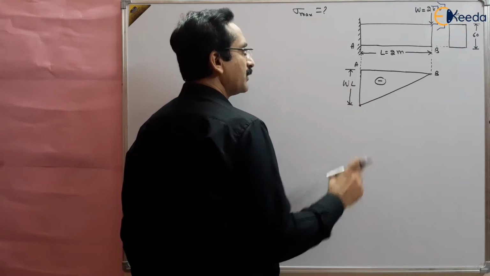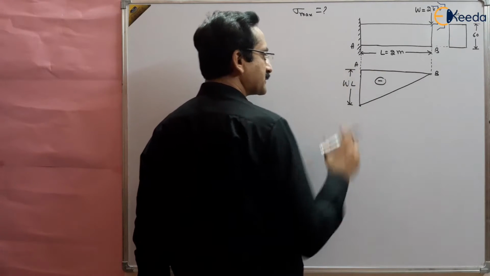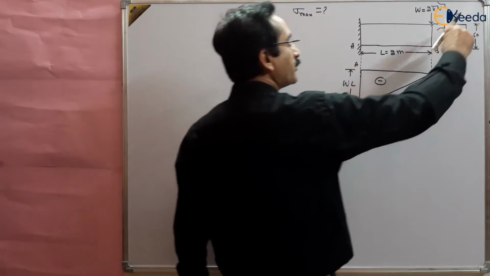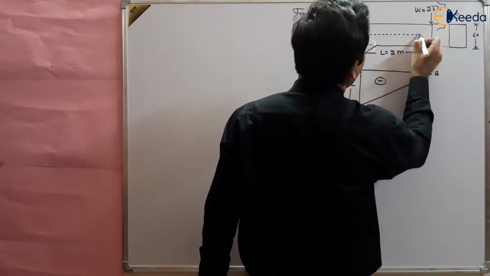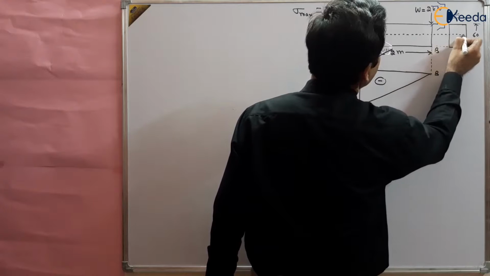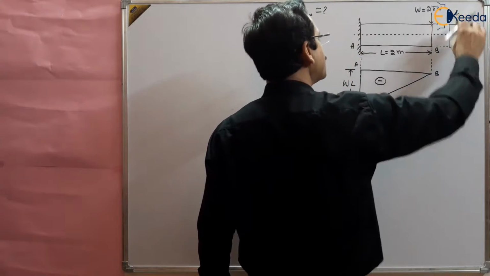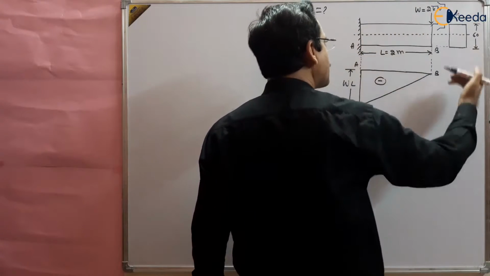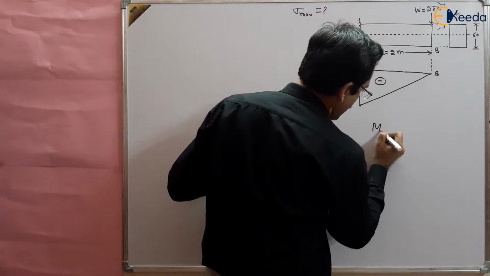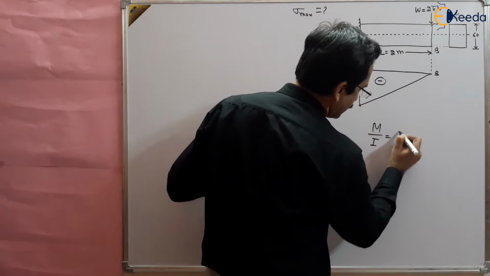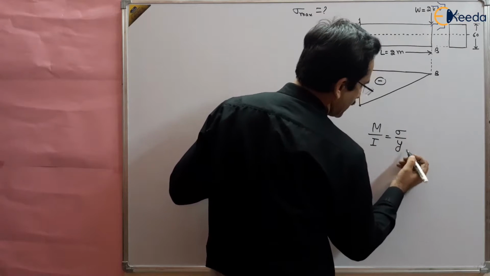So the stress will be maximum where the bending moment is maximum, and the stress is maximum at the outer fiber. You know that from the neutral axis at the outer fiber the stress is maximum. So stress will be maximum where y is maximum, the vertical distance y is maximum. Remember the formula, M by I equal to sigma by y, right?